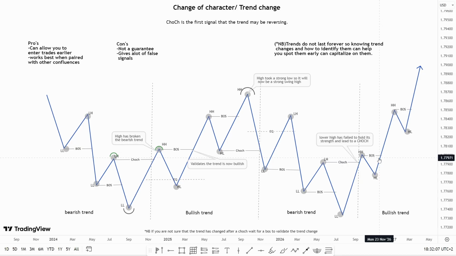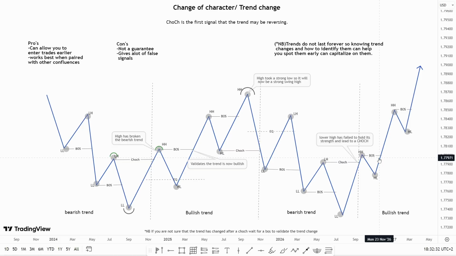That means price maybe broke above to fetch liquidity and is now continuing the trend, as that's what actually happens, because the market doesn't move in a continuous pattern. Sometimes the market can go bullish, bearish, consolidation, bullish, or it can go bullish, liquidity grab, and then continue bullish again.